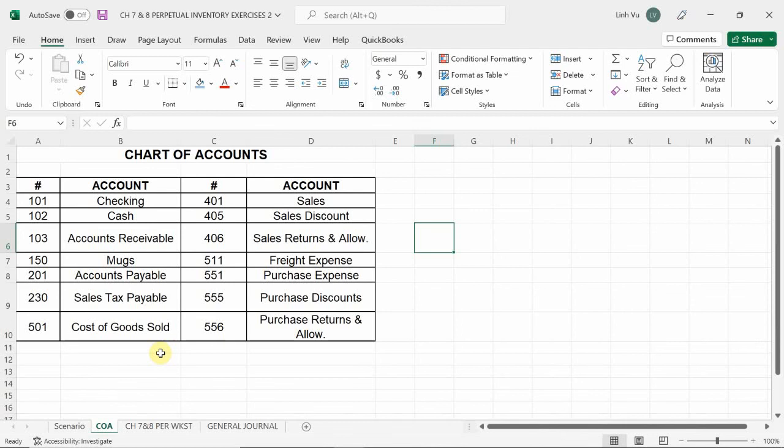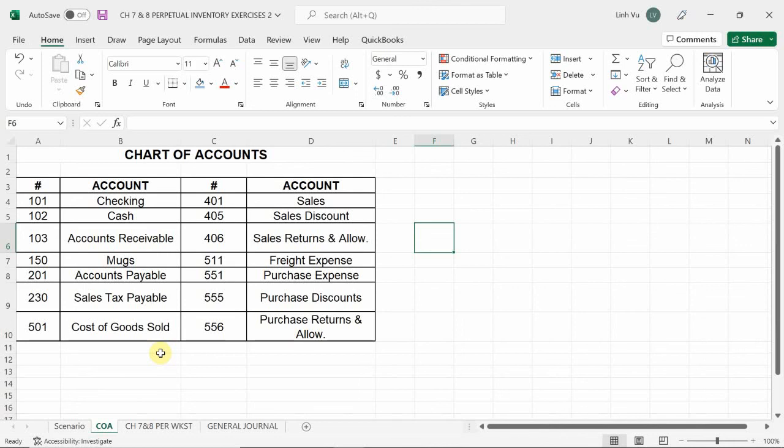But how am I going to do that? Sales discount. This isn't a discount. What did the customer do? Okay, they returned it. So which account would I use to represent that they're returning the product?